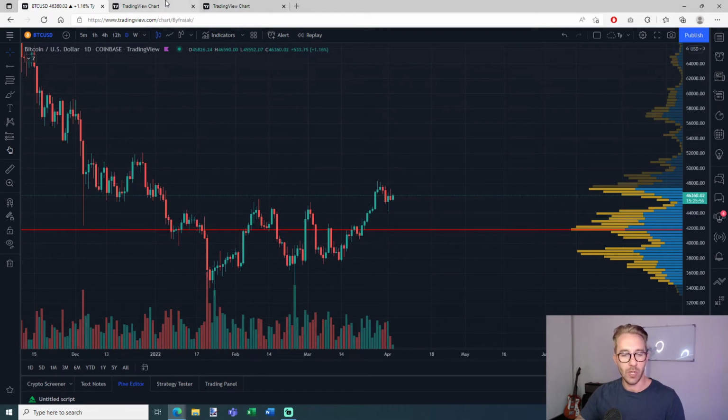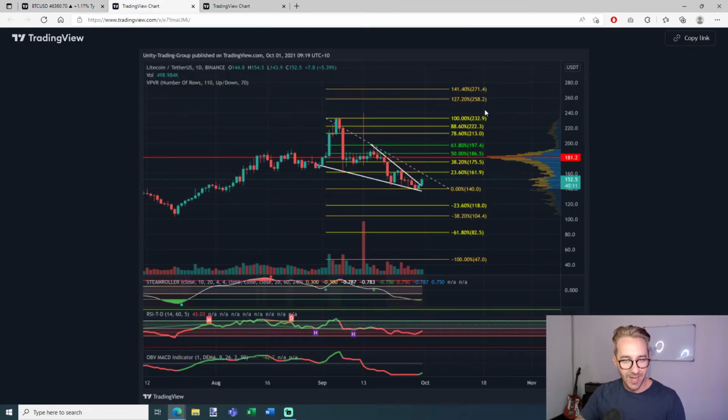I'm going to show you just quickly as well some trade examples that I've shared in the past here using the VPVR tool on the Litecoin USD chart back on October 1st, 2021, where we had some formations. Now, when you trade with formations, again, overlaying indicators, tools, whatever it is, you're using it as a confirmation of moves towards the upside.